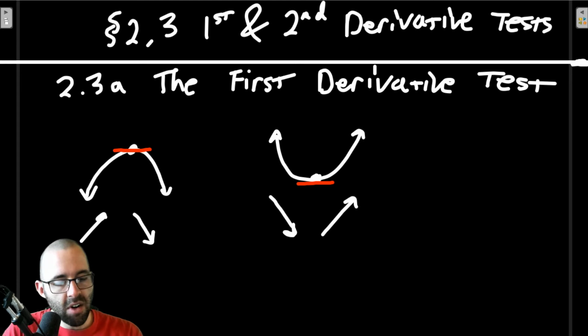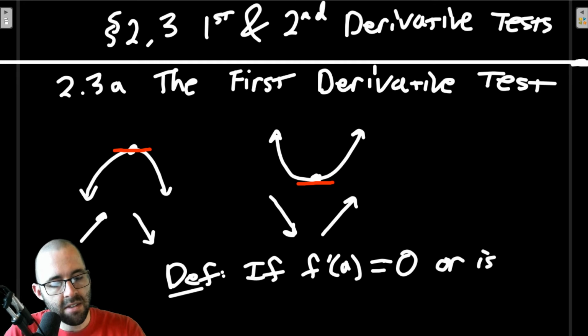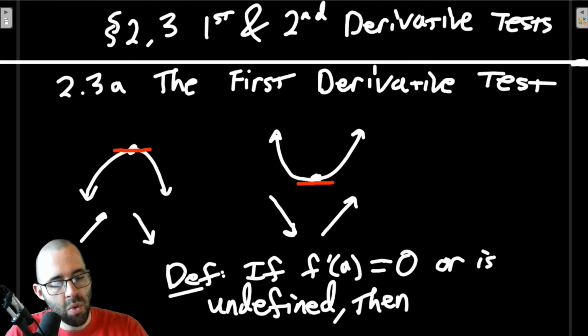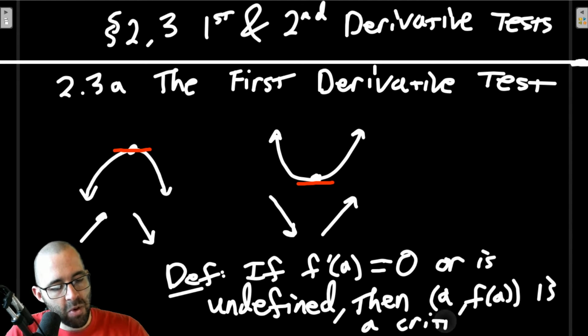All right, so we're going to start off with the definition. If f prime at a equals 0 or is undefined, then the point (a, f of a) is a critical point.